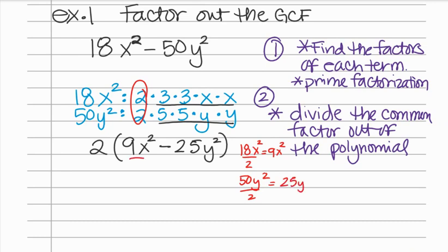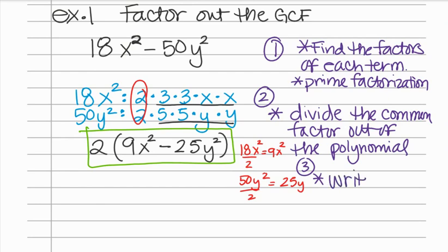And that's where we got these two terms. It's going to stay subtraction because my original expression was subtraction, and I divided out a 2. And that's our final answer. So step 3 would be write the factored polynomial.